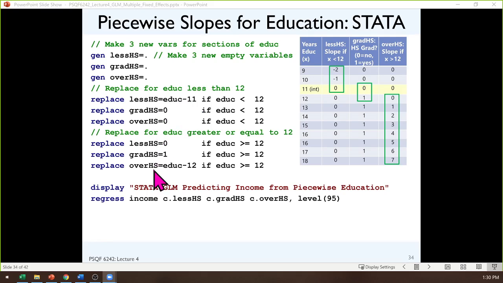And then the next 3 sets of commands are if education is greater than or equal to 12. So the greater than or equal sign mathematically is the same thing as GE in SAS. And so then the values switch to 0, 1, or education minus 12 in the second half of the table, differentiating amongst people with 12 or more years of education. And the 3 predictors then go into the model.